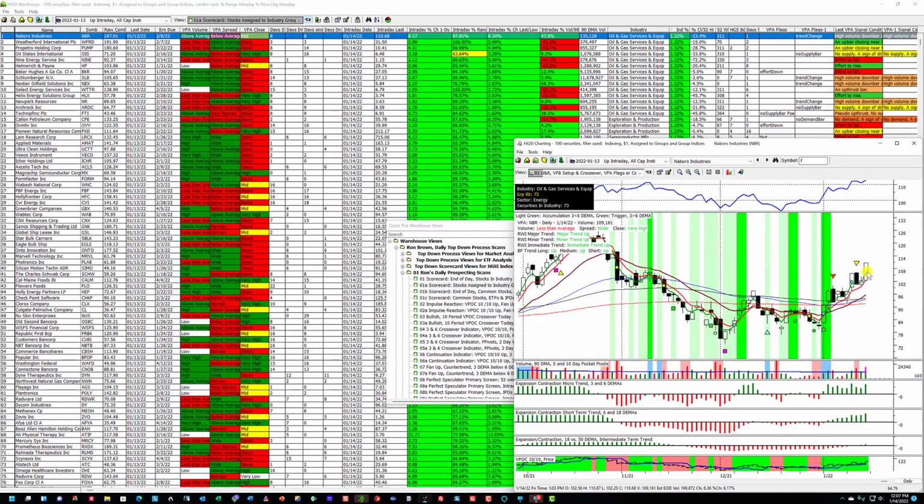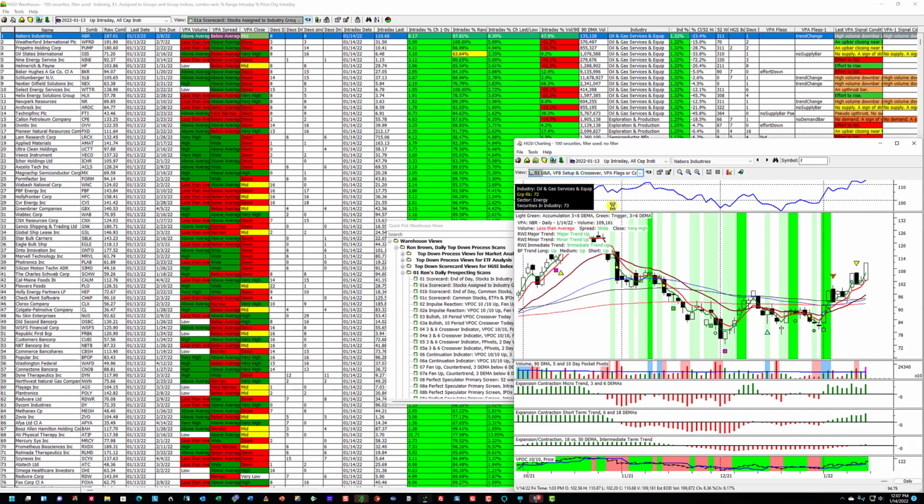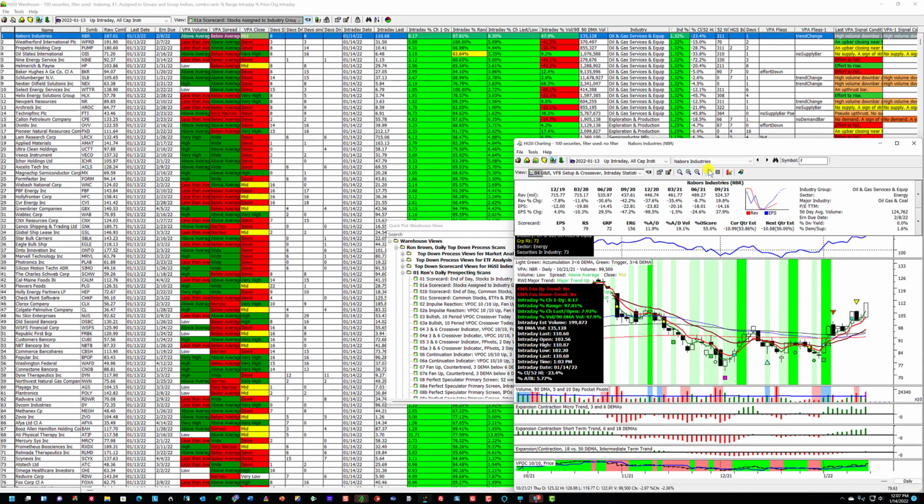Here's Neighbors Industries, and you can see that it's trading near the top. If I drop down to the chart number 4, it'll give me the intraday statistics on this. You can see the range is at 97.81. Here's the percentage price change. The volume is not that great on these, but you know, you don't always have to have high volume stocks.